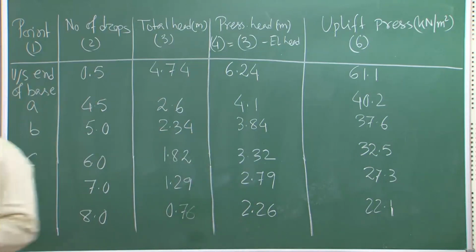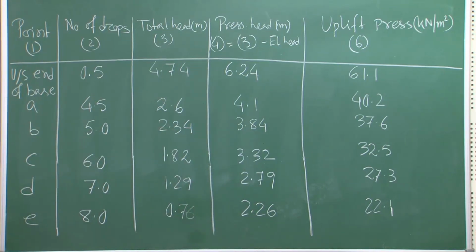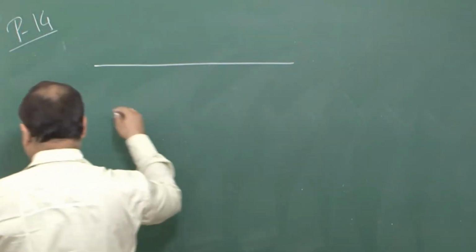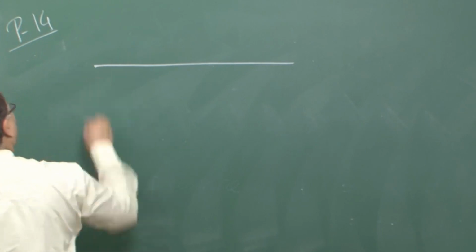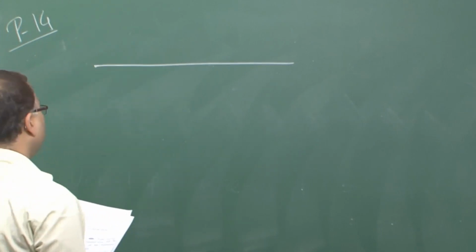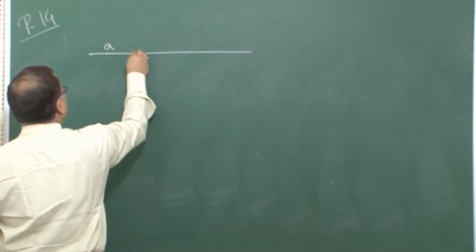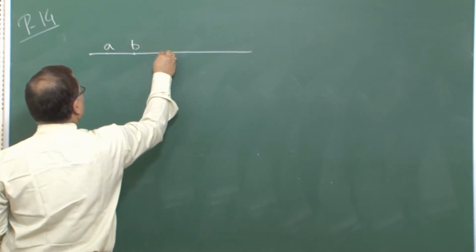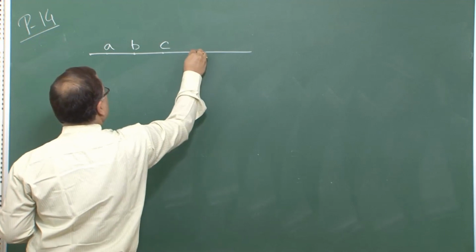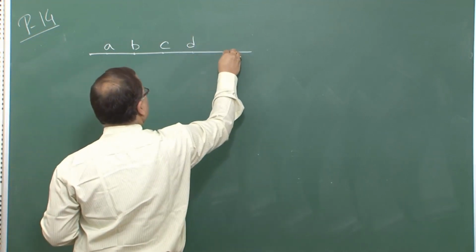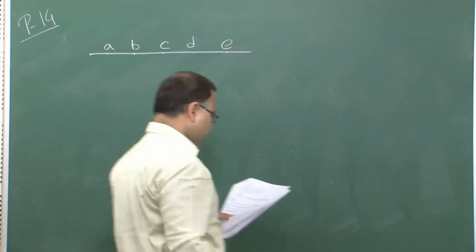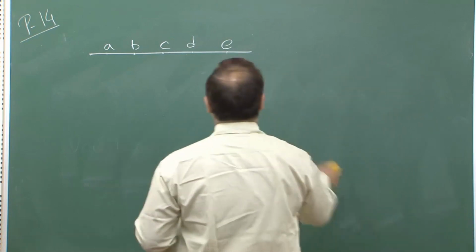Okay. So, now let us draw the uplift pressure distribution diagram. So, this is the end of the base, then point A, B, C, D and E. Okay.